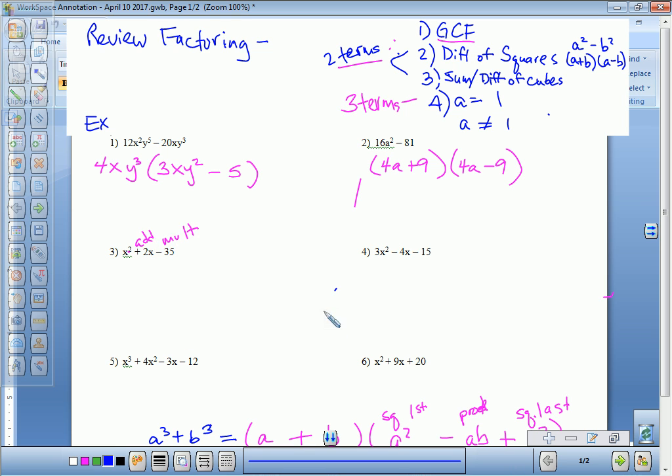Now, some of you are creatures of habit, and you do not like doing these problems until you draw the X. Okay? So what do we multiply to get negative 35 that we add to get positive 2? 7 and negative 5. So it breaks up into x plus 7, x minus 5.